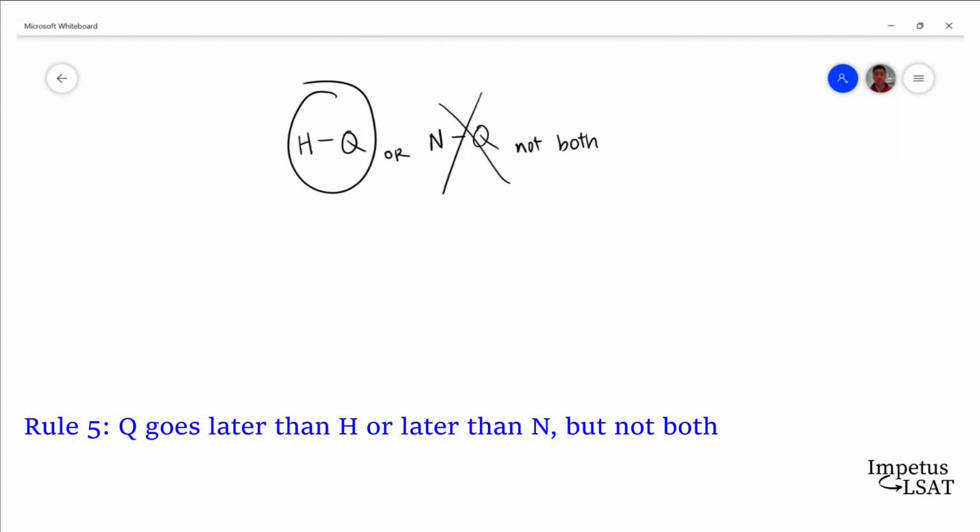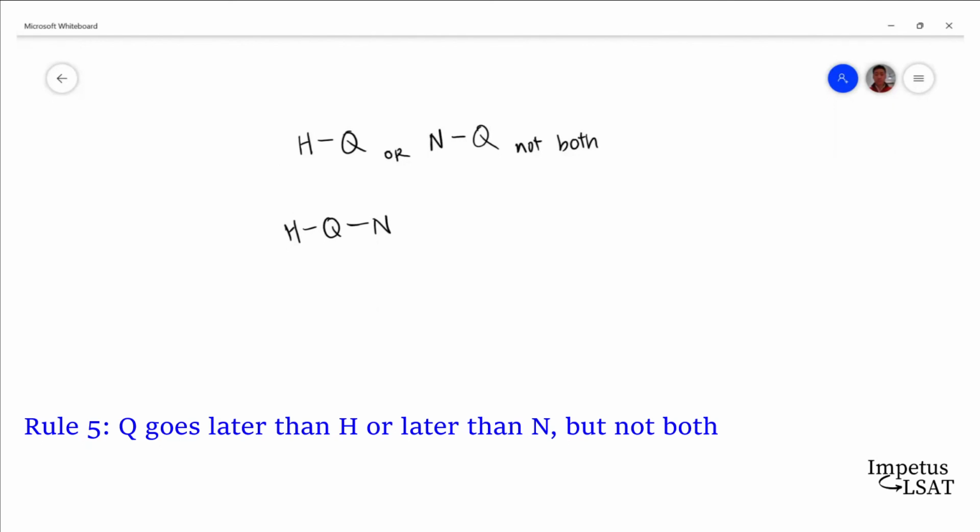Well, the only other option for N and Q in this case is for Q to go before N. So for that reason, I can link it up. I'm going to diagram it off to the bottom here. So if Q goes before N, this would be the entire scenario for this first situation, right?